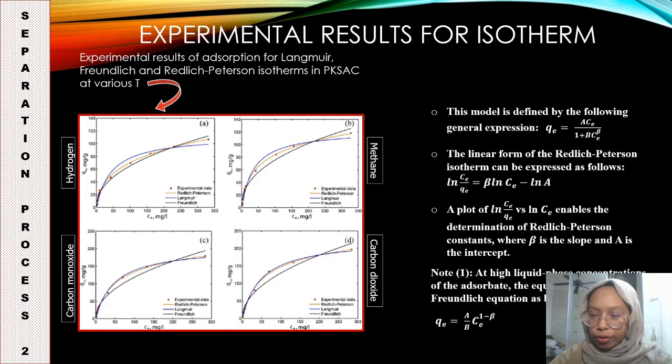The linear form of the Redlich-Peterson isotherm can also be expressed as ln(CE/QE) equals beta ln CE minus ln A. So a plot of ln(CE/QE) versus ln CE enables the determination of the Redlich-Peterson constants, where beta is the slope and A is the intercept.